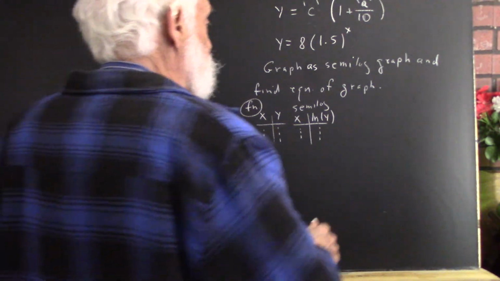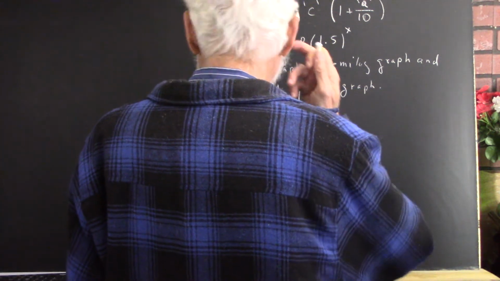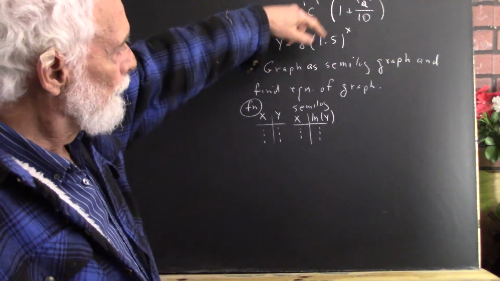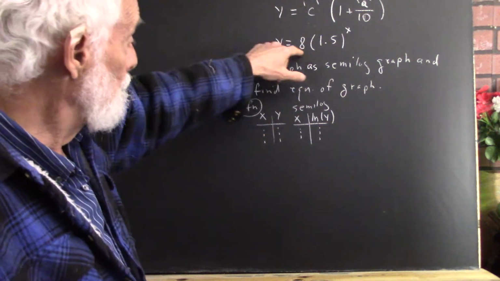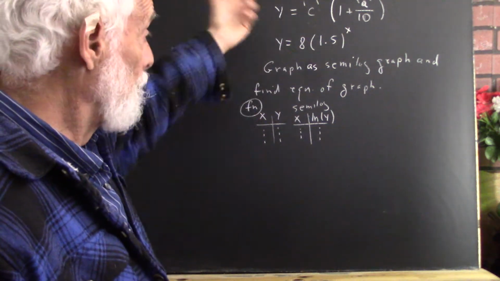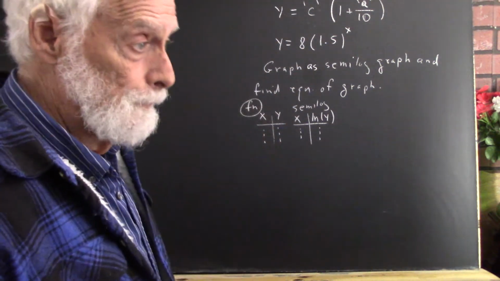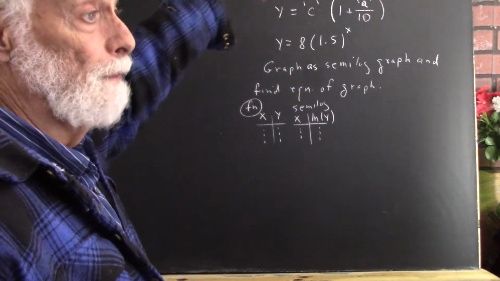So we could do this with a number of values of x. Okay, we could evaluate this. You know, for example, if x is 2, then y is going to be 20. If x is 3, then y is going to be, turns out 30.